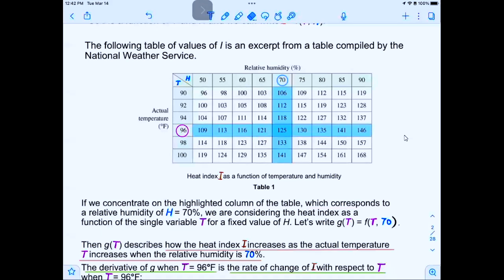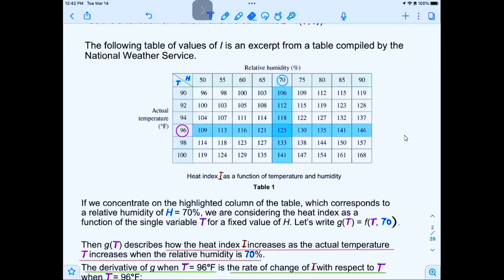We're considering the heat index as a function of a single variable T. So suppose we fix it. Let's fix the humidity, we consider only 70% humidity. And then we let the actual temperature vary. Okay, so the actual temperature can be 90, 93, 94, etc. But we fix the humidity to be 70.